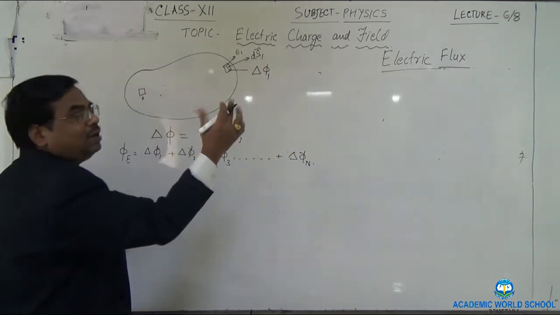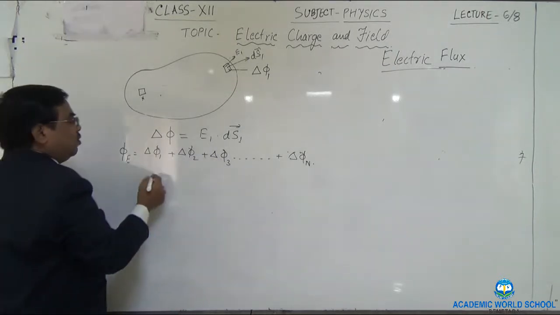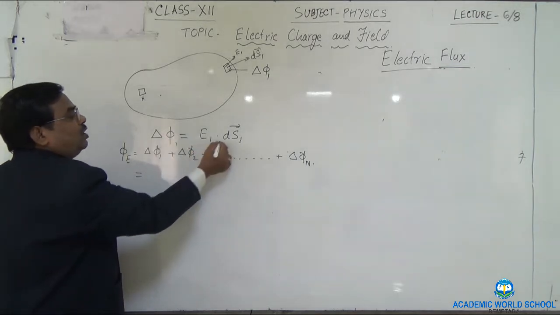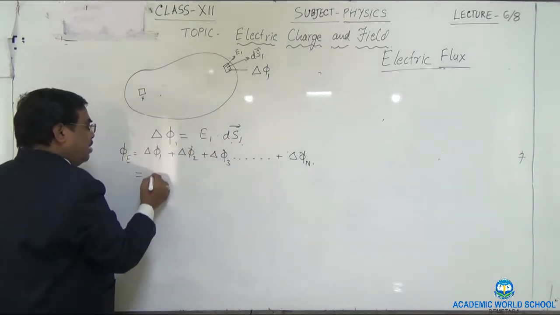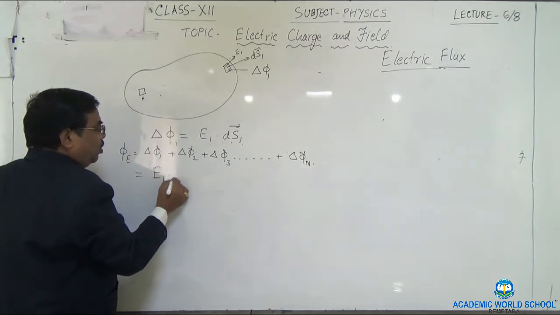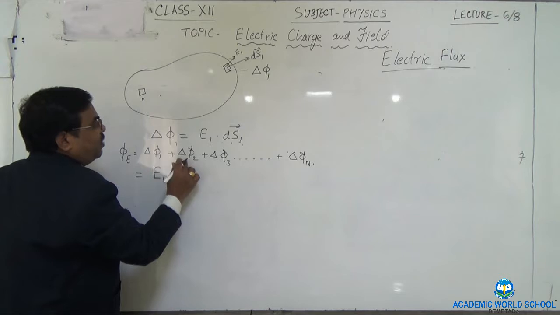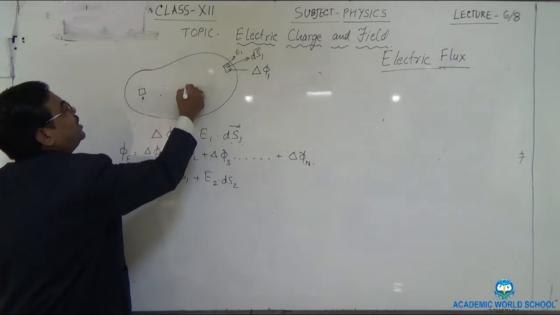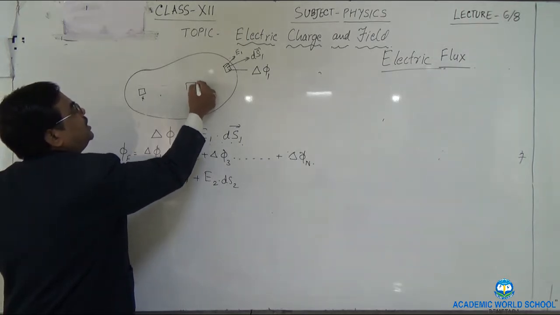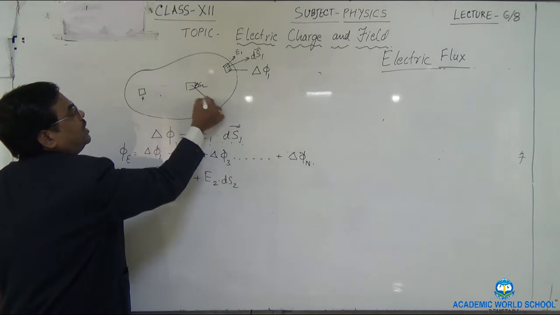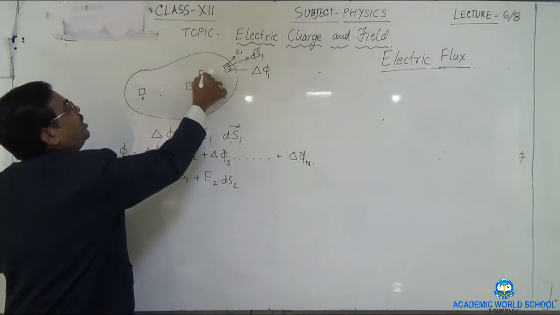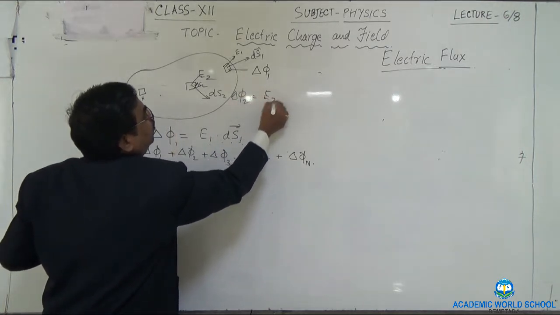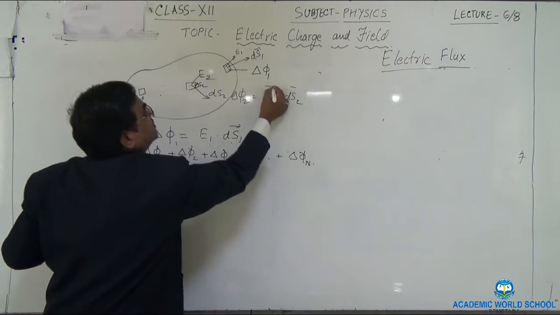As I told you, delta phi 1 is E1 dot ds1. Similarly, delta phi 2 will be E2 dot ds2. Let it be somewhere here, this is delta s2. So here the area vector is ds2 and the electric field value is E2. So delta phi 2 is E2 dot ds2.